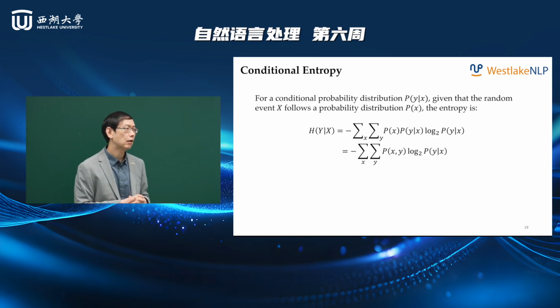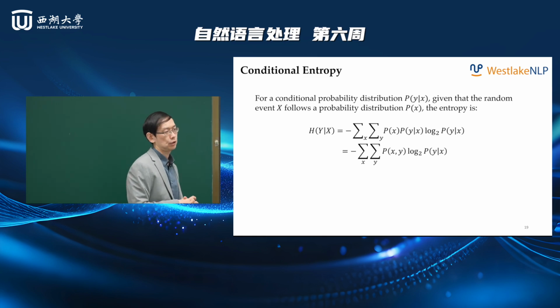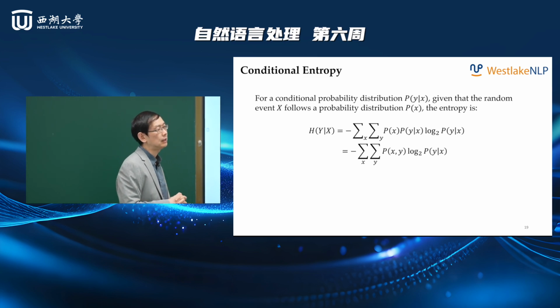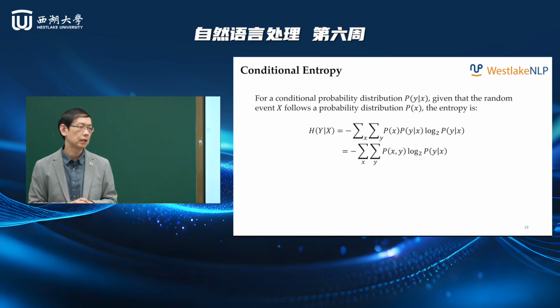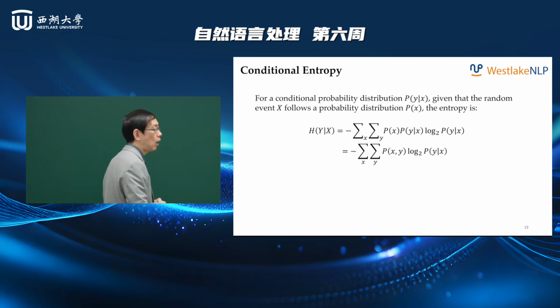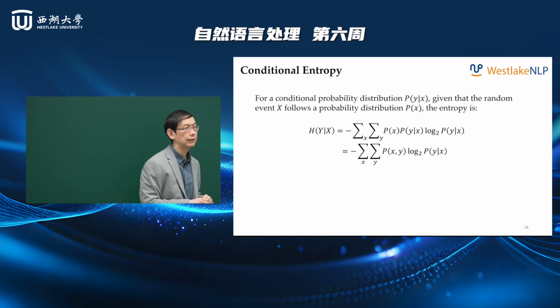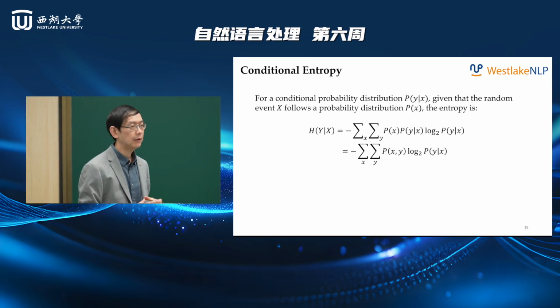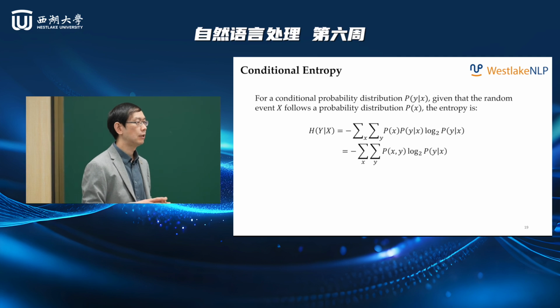The modeling target is P(y|x). Without losing generality, let's assume that we're doing text classification, so x is a document and y is a class label. First of all, how do you define the entropy for a conditional random variable?